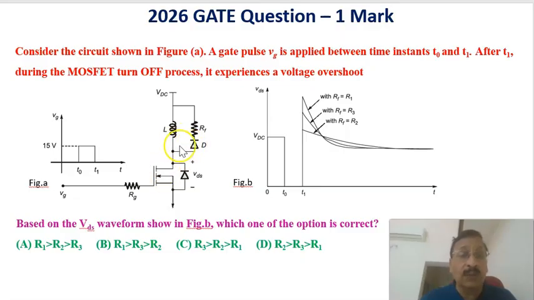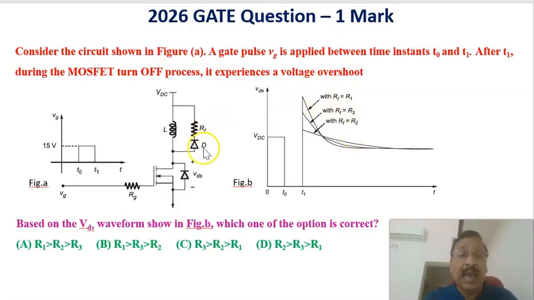When the switch is off, there will be a current through the diode resistance and through the inductor. An RL path is building up, and the current path is like this. Of course, the time constant is given by L by R, the inductance and resistance of this circuit. Based on that, we have to find out which is more, R1, R2, or R3.